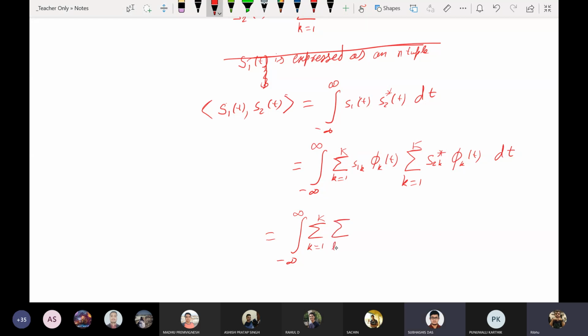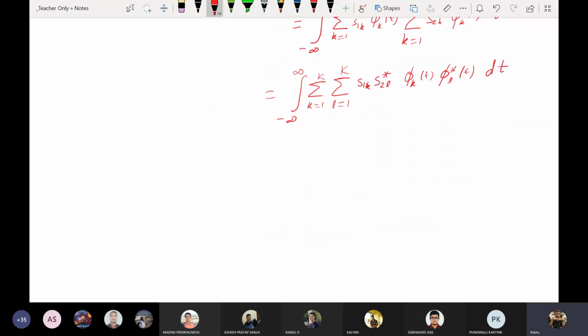Sir, won't the phi_k have any conjugate part? Yes, it should be conjugate. The sum over l equals 1 to capital K, s_1k, s_2l conjugate, phi_k(t), phi_l conjugate(t) dt. Since integration and summation are both linear operations, I can change the order of integration and summation.